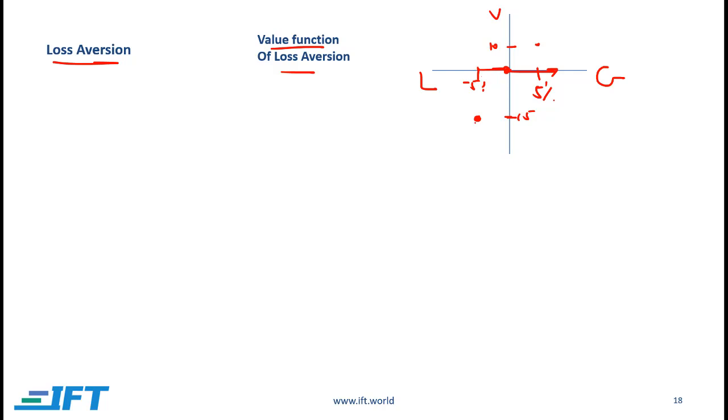And when we actually graph this out, we have something that looks like this. And this highlights the fact that the happiness associated with gains is lower than the unhappiness associated with losses. And this goes back to the original point that people feel more unhappy. So the unhappiness associated with losses is more than the happiness associated with gains.